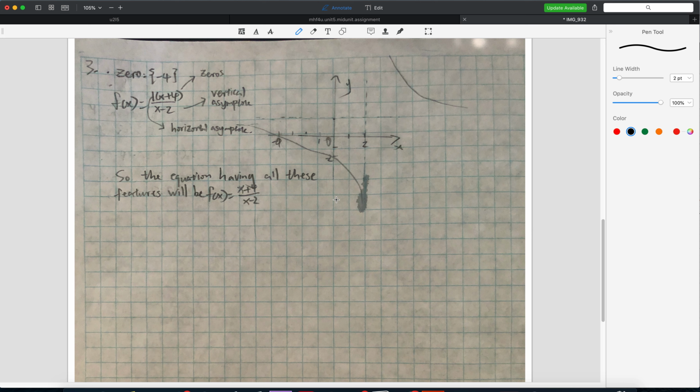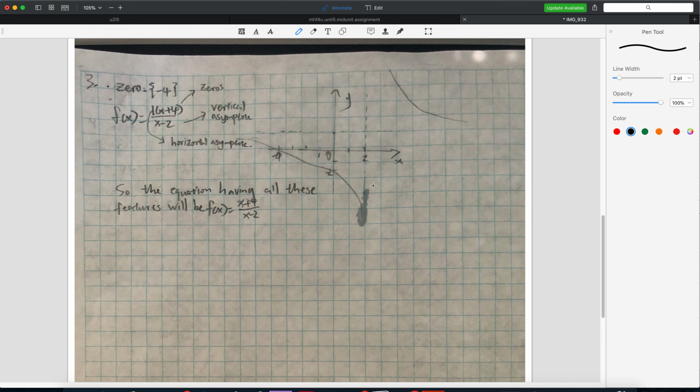So I did the sketch right here. As it is a rational function, it needs to pass through the point -4, 0 and the point 0, -2.